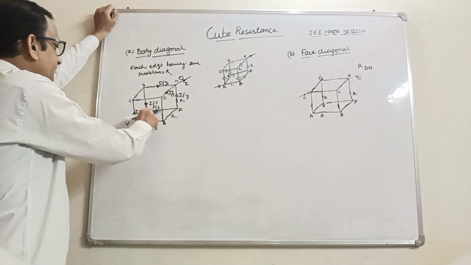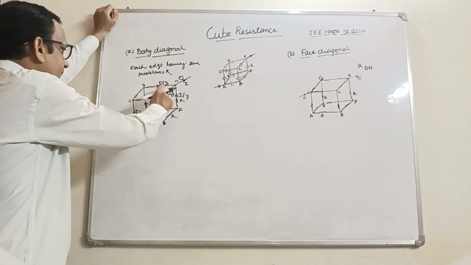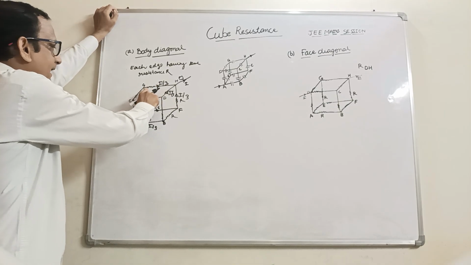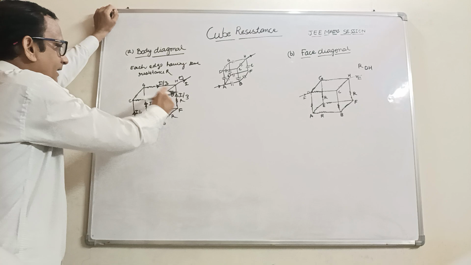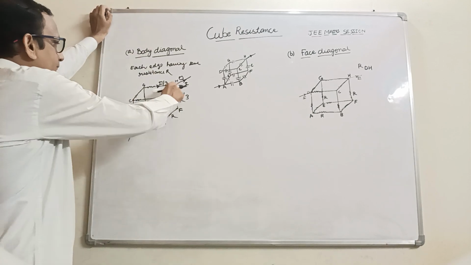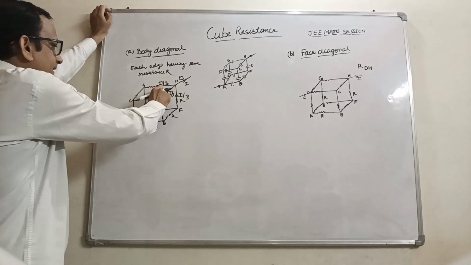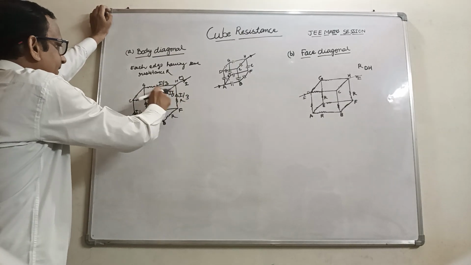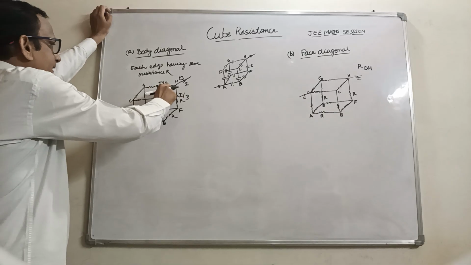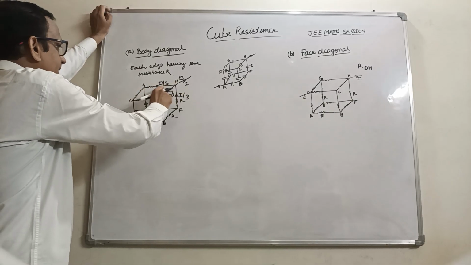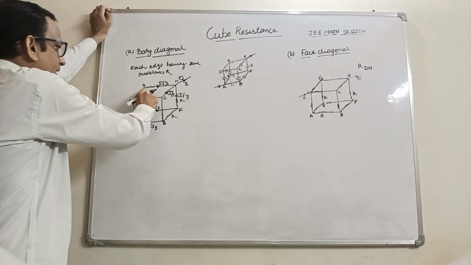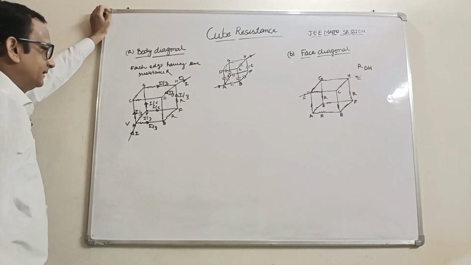Similarly, the potential at G, D and F is also equal, because moving from here to here the current is I by 3 in each. So the voltage at these three points would be the same.